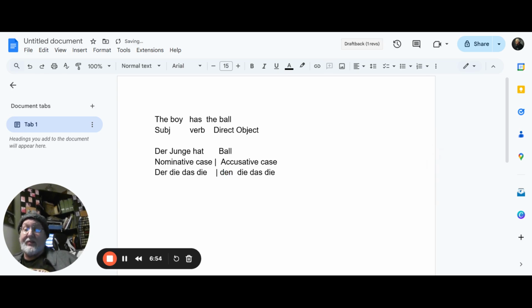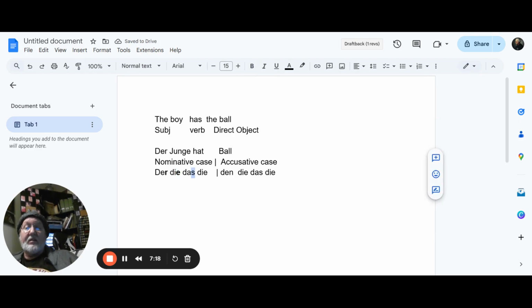Another way to remember this is if you look at the last letter of each one of these words right here. You've got R, so I'm going to make that bold. E, I'm going to make that bold.